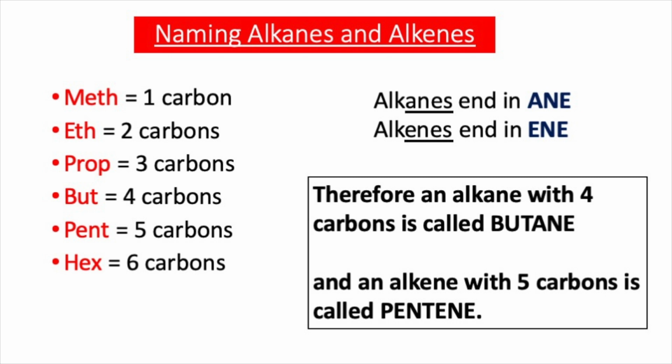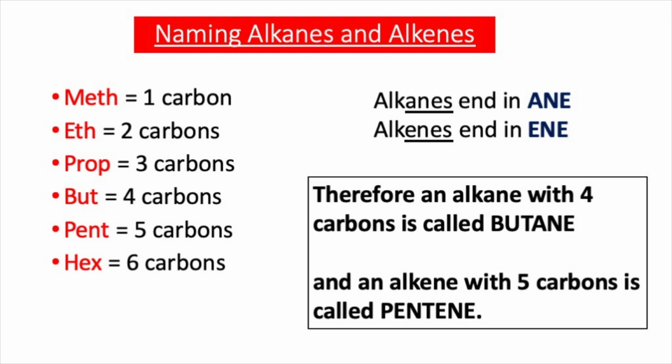If it's got three carbons, it starts with prop, four carbons, but, five carbons, pent, and six carbons, hex. An alkane always ends in -ane, and an alkene always ends in -ene.